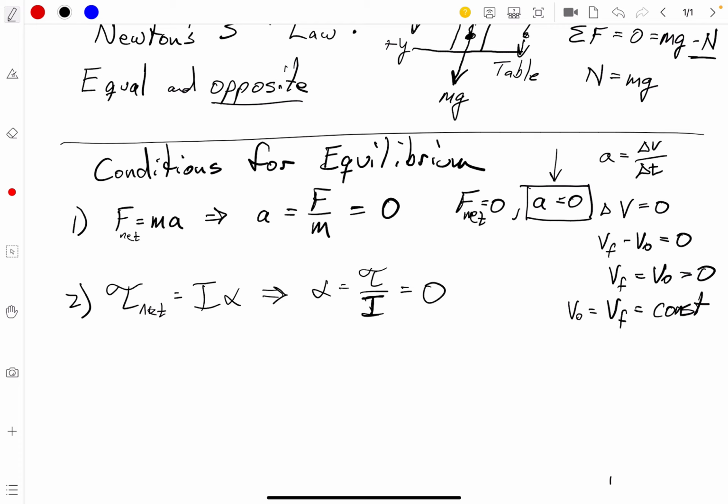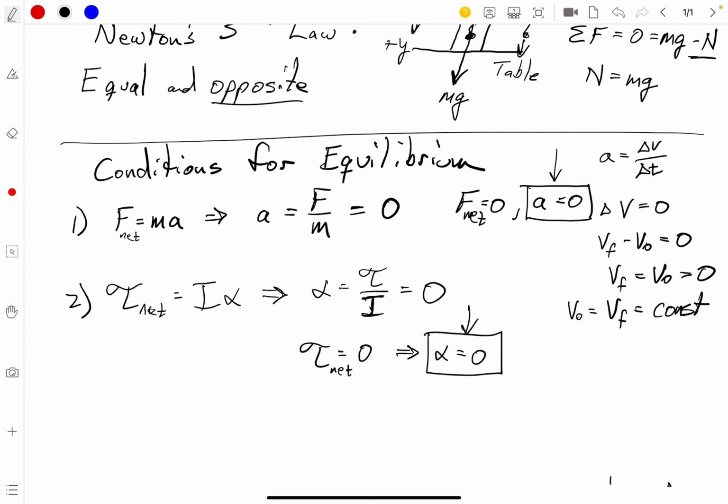So again, our net torque is equal to 0. Our I can't be 0. And that requires alpha equal to 0. That's the important one.